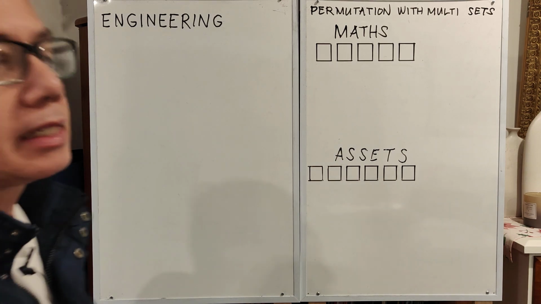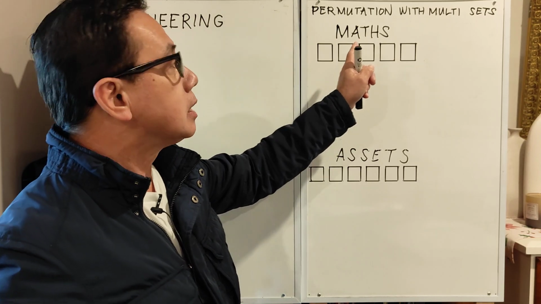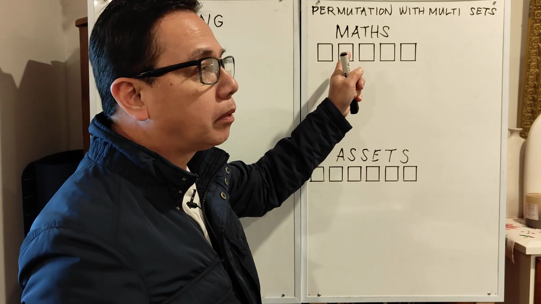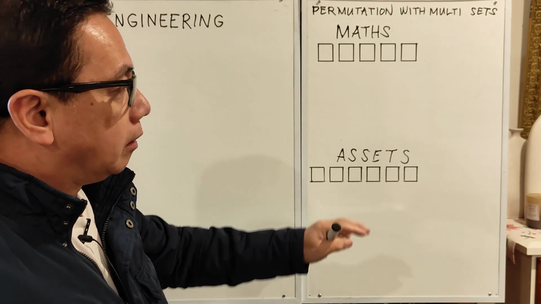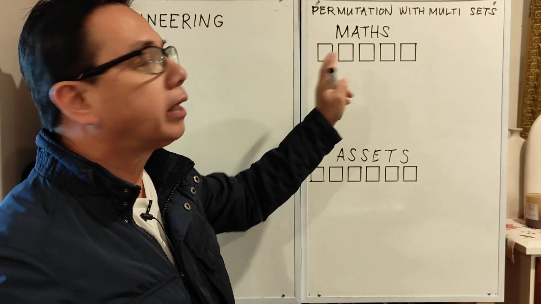Permutation with multisets. For a simple word without a repetition of the letters, computing the total number of possible arrangements is easy. Let's say, for example, MATHS, which is 5 letters.